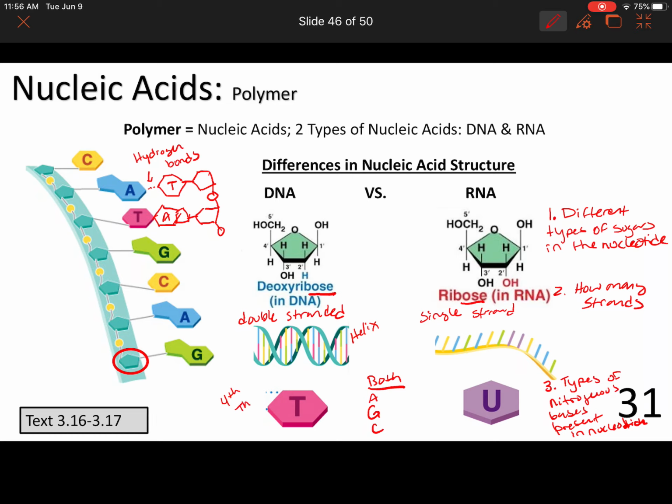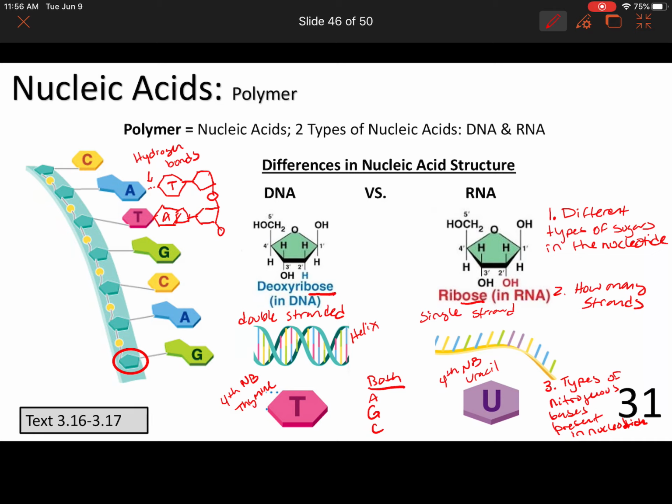So those three nitrogenous bases are universal between DNA and RNA. But what differs is what their fourth nitrogenous base is. DNA has thymine as its fourth nitrogenous base, and RNA has uracil as its fourth nitrogenous base.